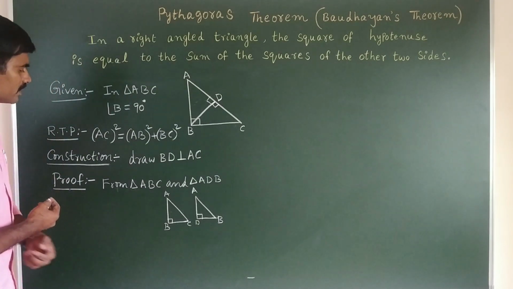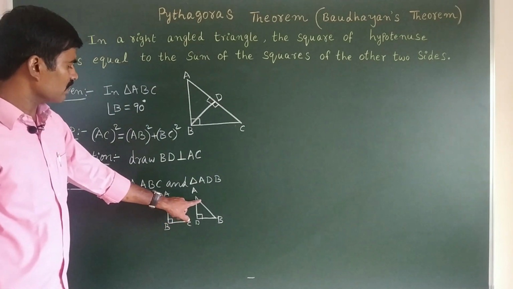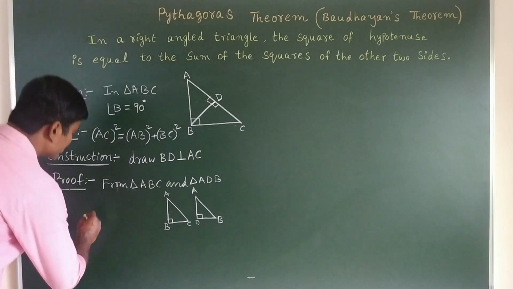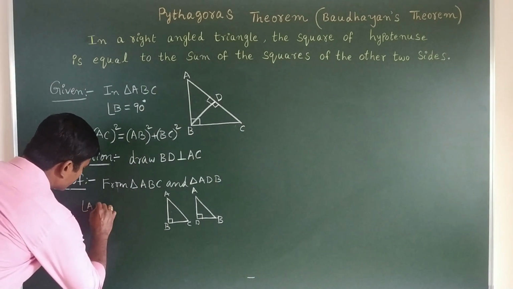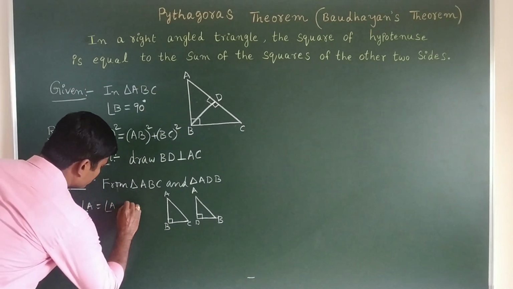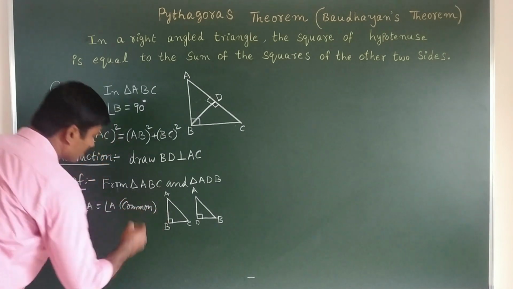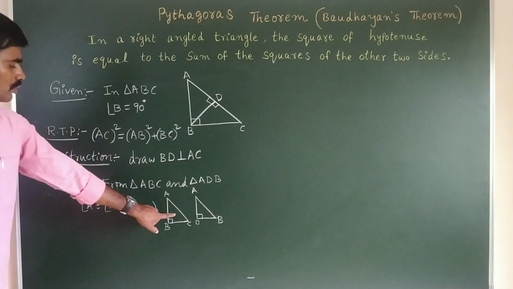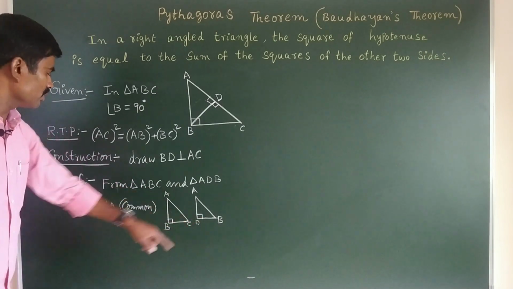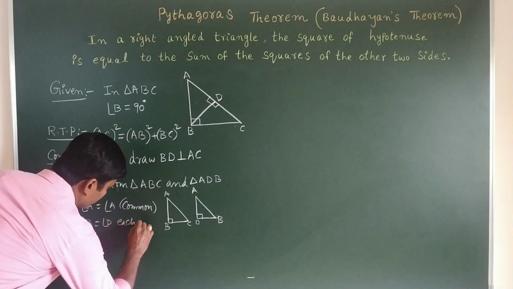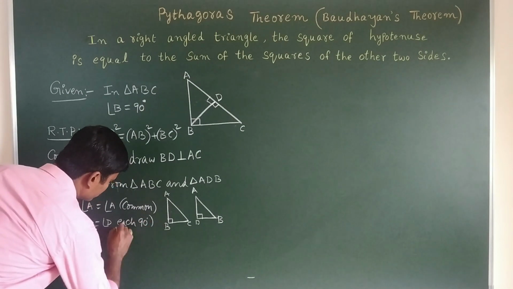Now in both these triangles, angle A is common, so angle A is equal to angle A. In these two triangles, angle B is equal to angle D, each 90 degrees.